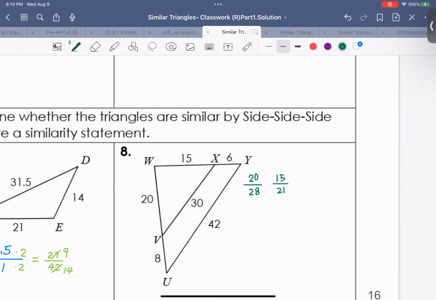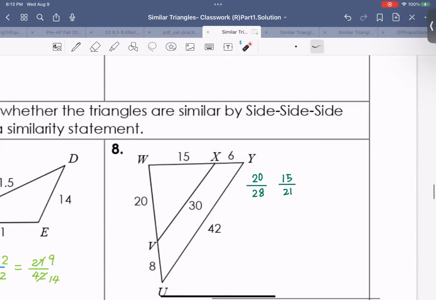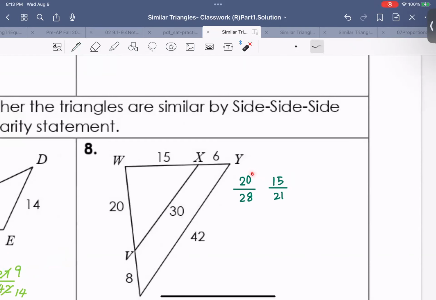And you also have the angle between. So let's check. This one simplifies to 5 over 7, and this one simplifies to 5 over 7. They are equal, and they have the angle here equal.